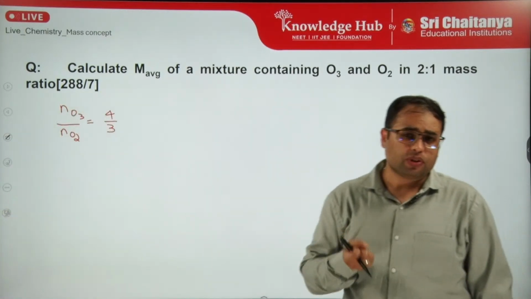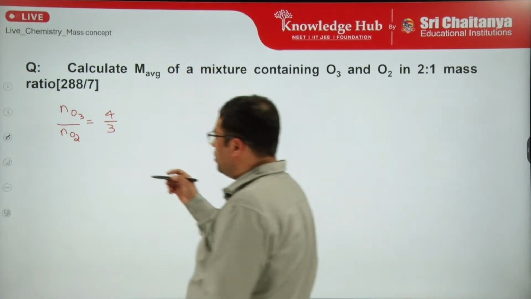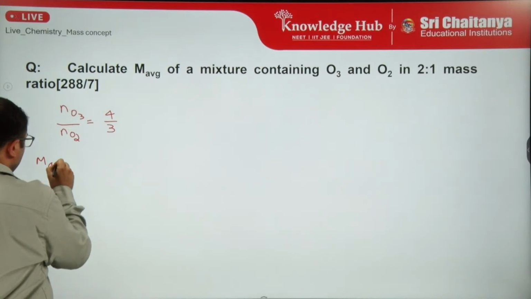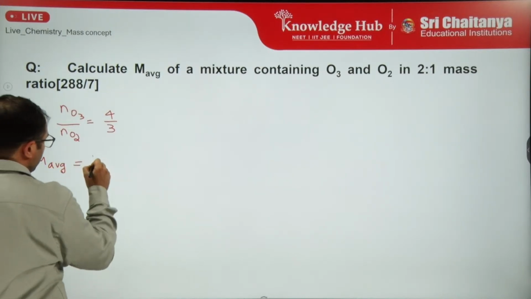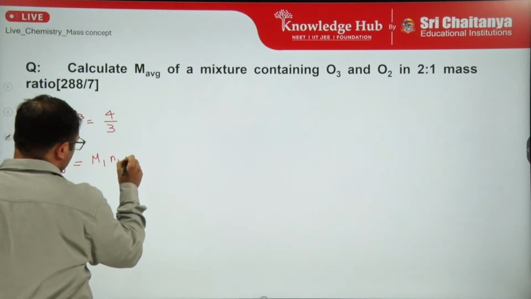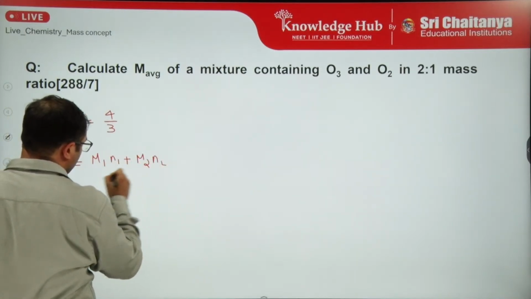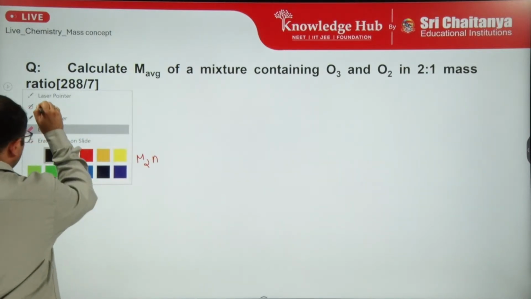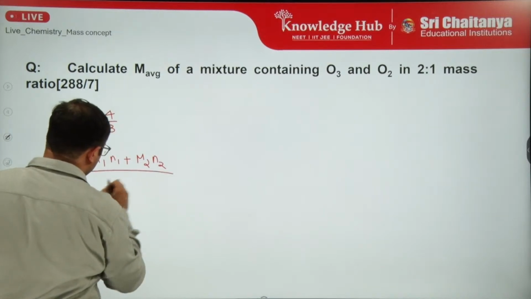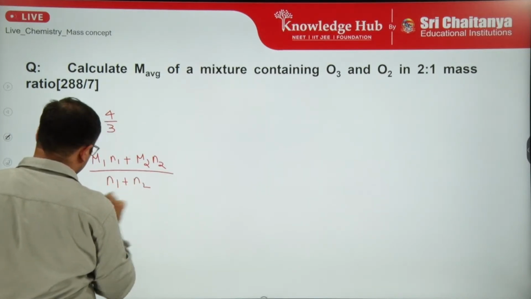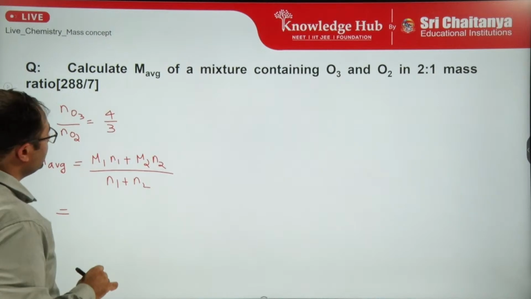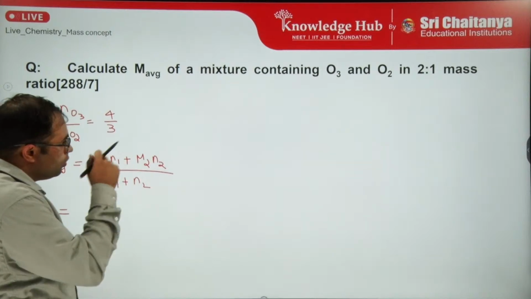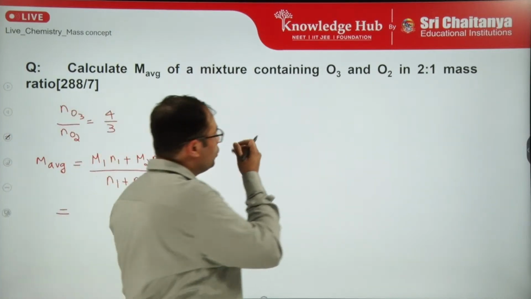Now we can simply use the formula, which tells us that M average is equal to the mole-weighted average of the molar masses. Substituting these things in the formula: what was the molar mass of O3?